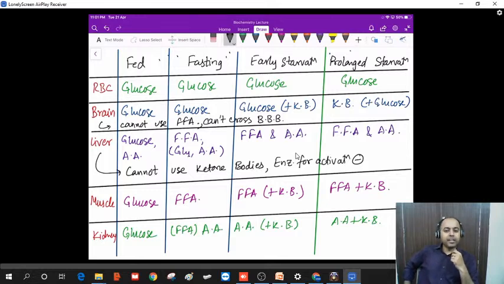The amino acid used by brain is not very efficient. It can use it, just like the muscle, but the use is not very efficient.